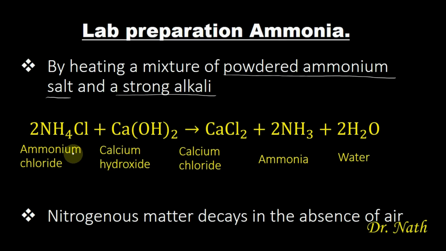You can be asked in an exam that when a powdered mixture of ammonium chloride and calcium hydroxide is heated, which of the following gases will be released? The gas that will be released is ammonia. And you should know the other substances that will accompany it. The calcium chloride will be produced and water will also be produced.